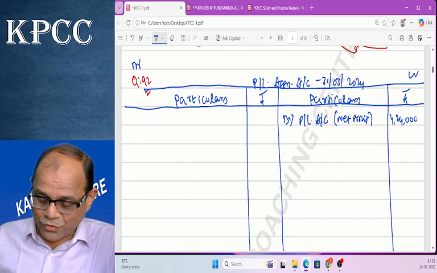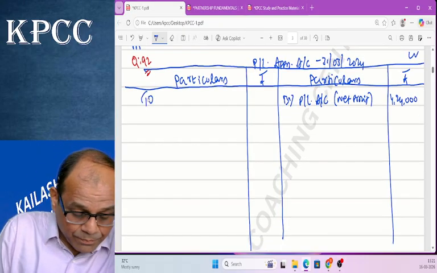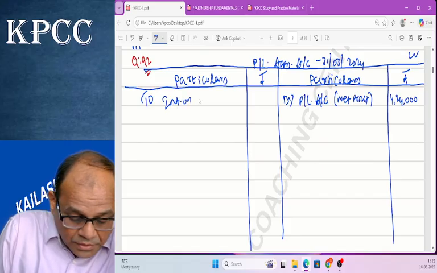Again in this sum we do not have interest on drawings. Debit side: interest on capitals.